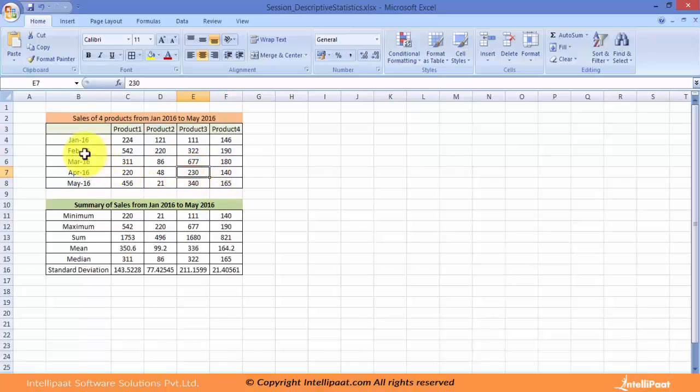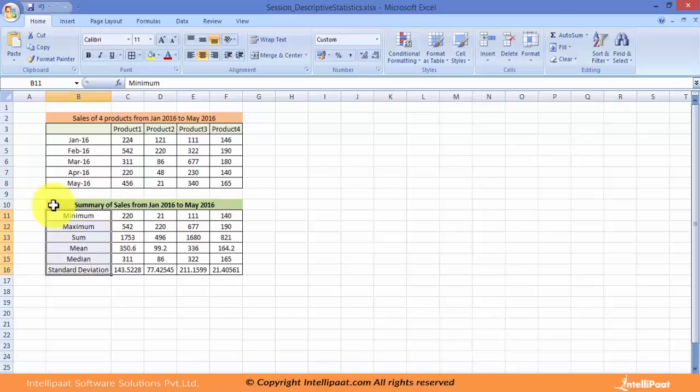When you want to summarize this data in Excel, because everybody has good exposure to Excel, that's why I'm taking the example of Excel here. If I want to get the summary of this data, I will prepare another table for each of these products within this time period, having these measures.